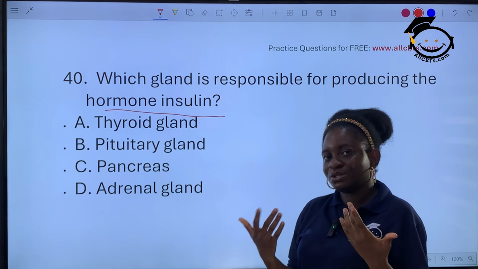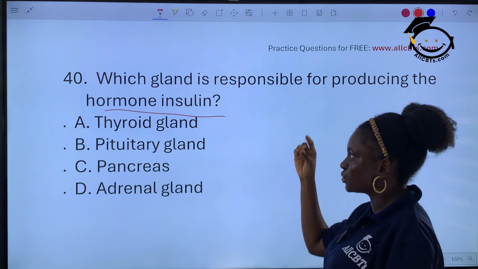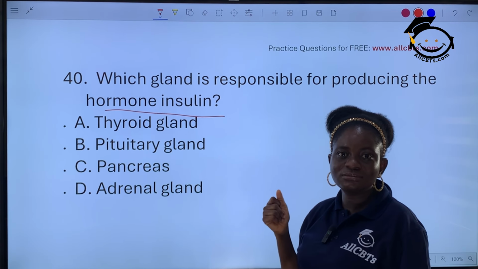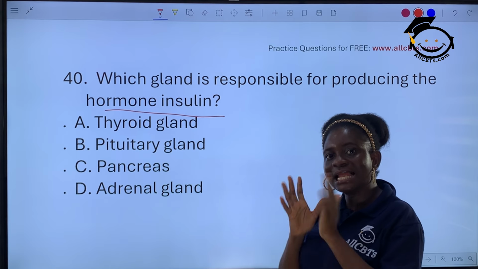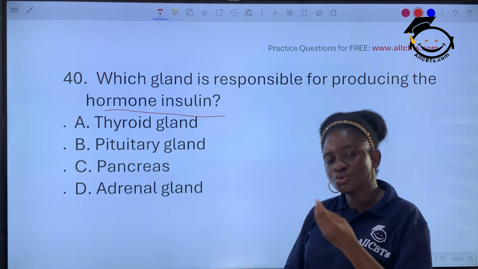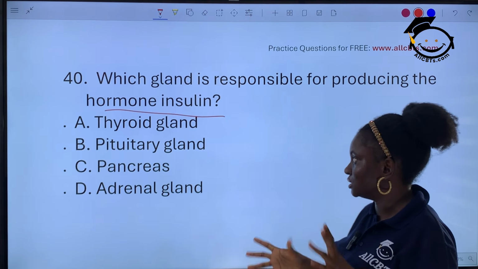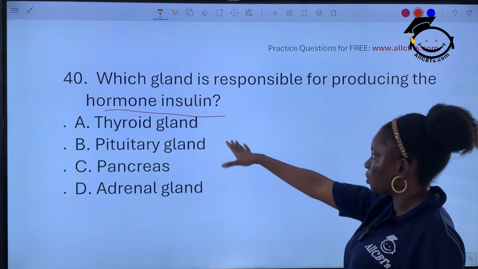So what do I mean? When you consume a large bowl of eba, this hormone will come to action to help you break that large bowl of eba into simpler form that can be absorbed by the body. So this is the function of this hormone.